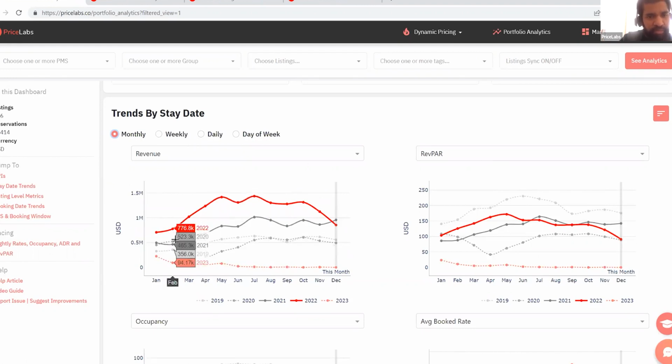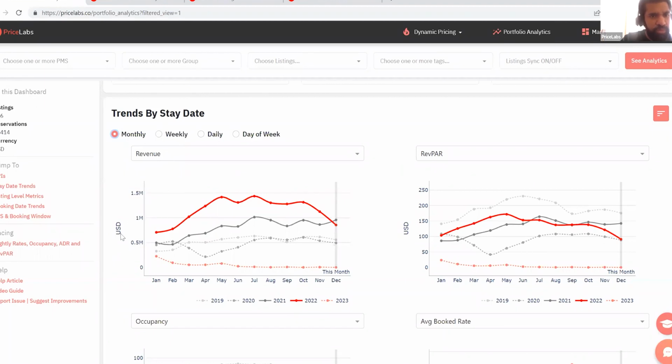The next thing is for all of these graphs, you'll see this legend at the bottom. 2019 is that dotted very light gray line. 2020, we show the last 3 years, current year and future 1 year, so that you can try to get a sense of how your business is doing. You'll see on the left axis here, whatever metric we are trying to track.